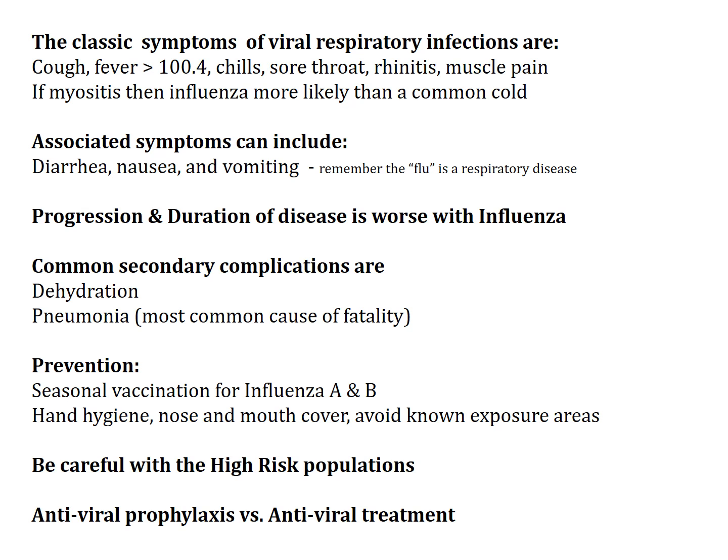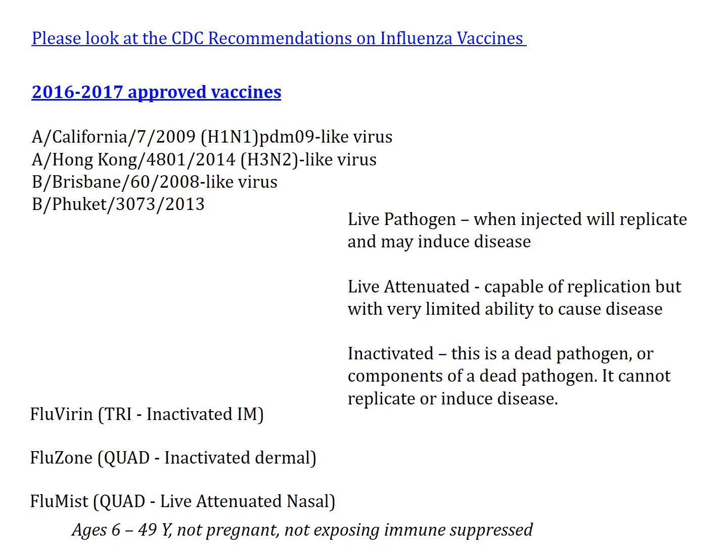Prophylaxis or treatment. Prophylaxis really indicated more for your high-risk populations. Not everybody needs to be on Tamiflu, particularly if you're a healthy young adult with no underlying pulmonary, cardiac, or neural disease, or immune suppression. Throw immune suppression into high-risk populations as well. But you already knew that, right? You knew that. Okay, move on.